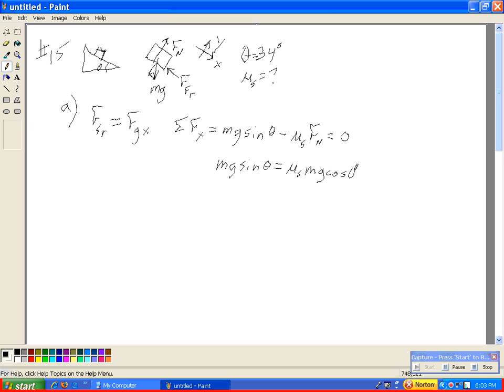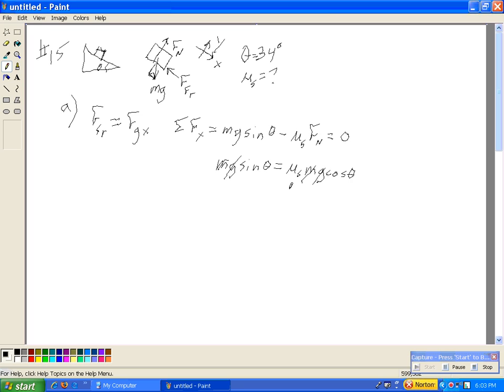It's the same value, same magnitude, just a different, opposite direction. Okay. Now, when we put it like this, we see the mass doesn't matter. So the mass of the snow doesn't matter. We also see the gravity doesn't matter.